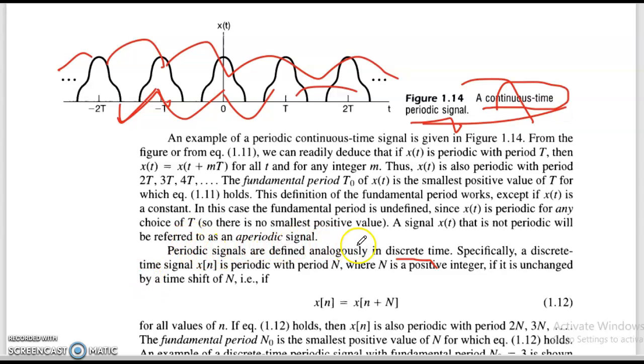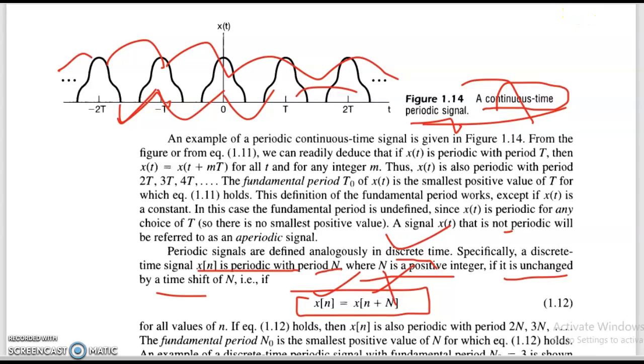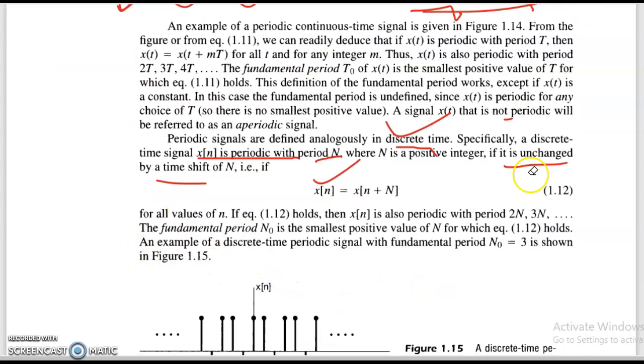Periodic signals are defined analogously in discrete time. Specifically, a discrete time signal x of n is periodic with period capital N, where N is a positive integer, if it is unchanged by a time shift of N, that is, if x of n equals x of n plus capital N for all values of n.